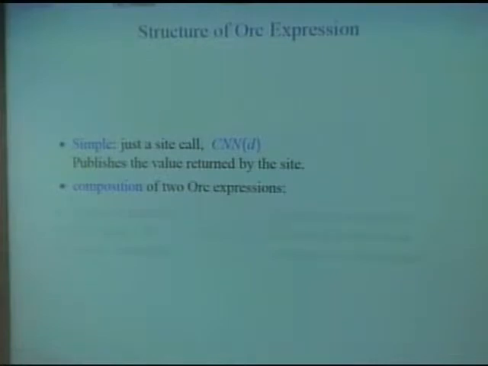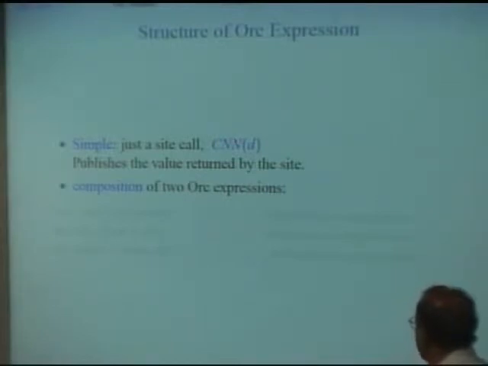So this is the manual structure of an ORC expression. The ORC expression comes in two forms. Either it's simple or it is a compound expression. A simple expression looks like that. You call a service, let's say there is a service called CNN, and you give it a parameter D, it might be today's date or something, and that thing is an ORC expression.